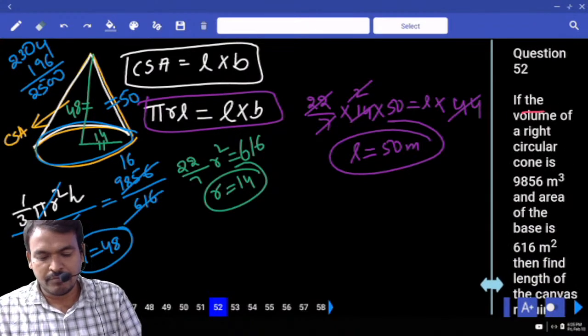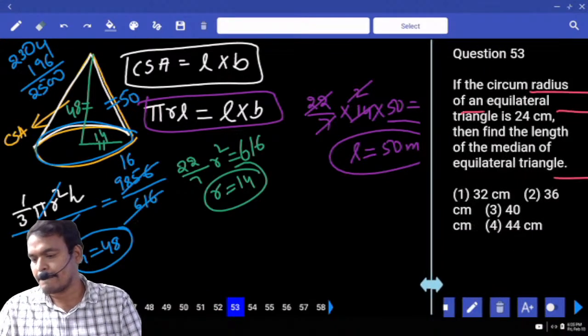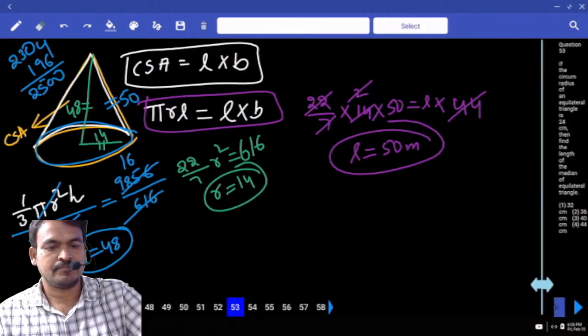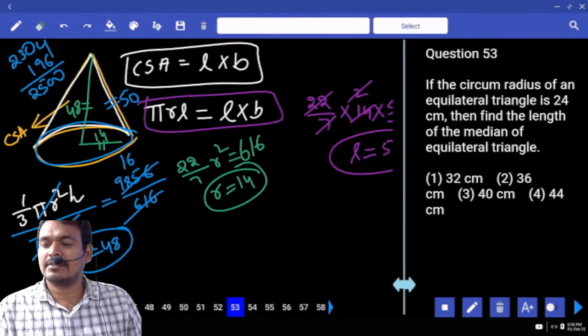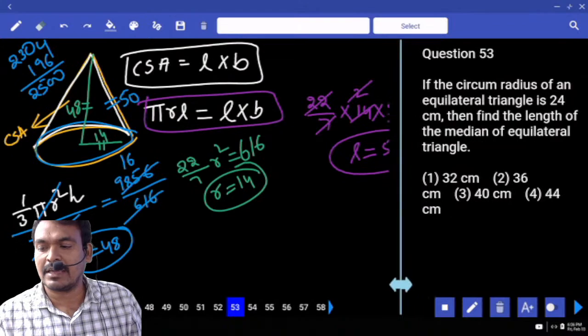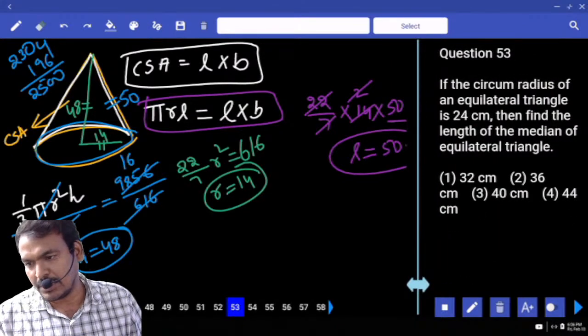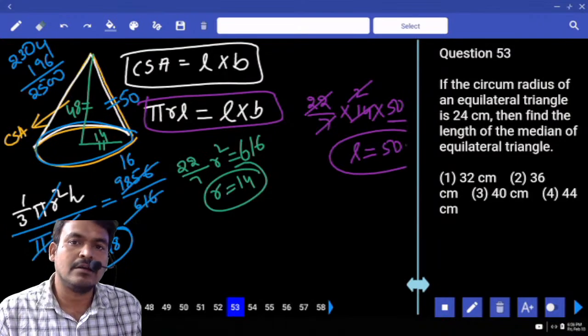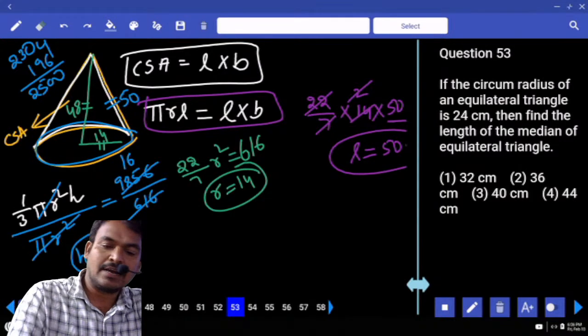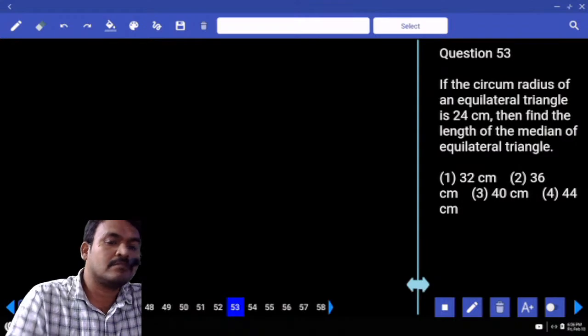Next question number 53. If the circumradius of an equilateral triangle is 24 centimeters, then find the length of the median of the equilateral triangle. What is the circumradius of an equilateral triangle?